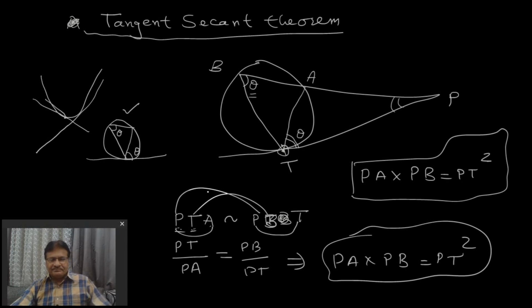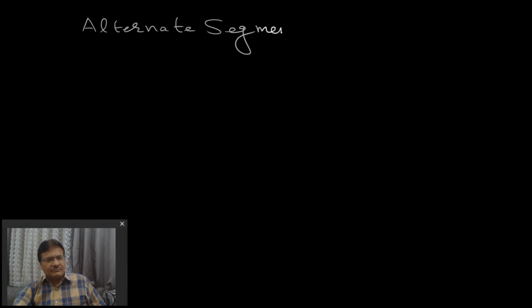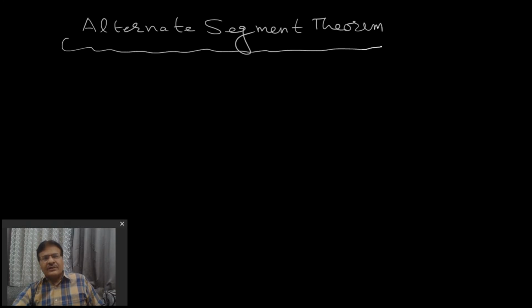Okay, now as I told you, I will explain the alternate segment theorem. Before I explain this theorem, one small thing I would like to share with you. Suppose this is a circle, this is a tangent line and this is a point, and this one is the radius, so this would always be perpendicular.